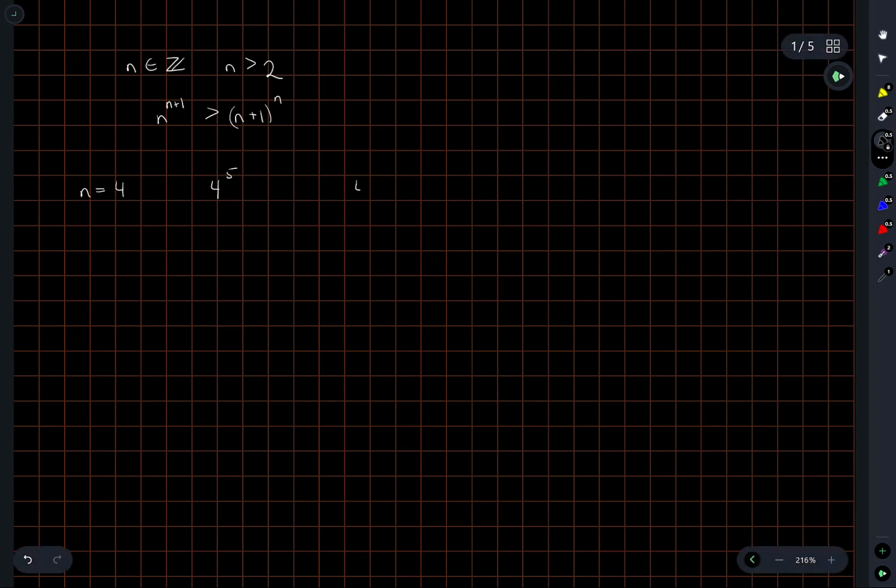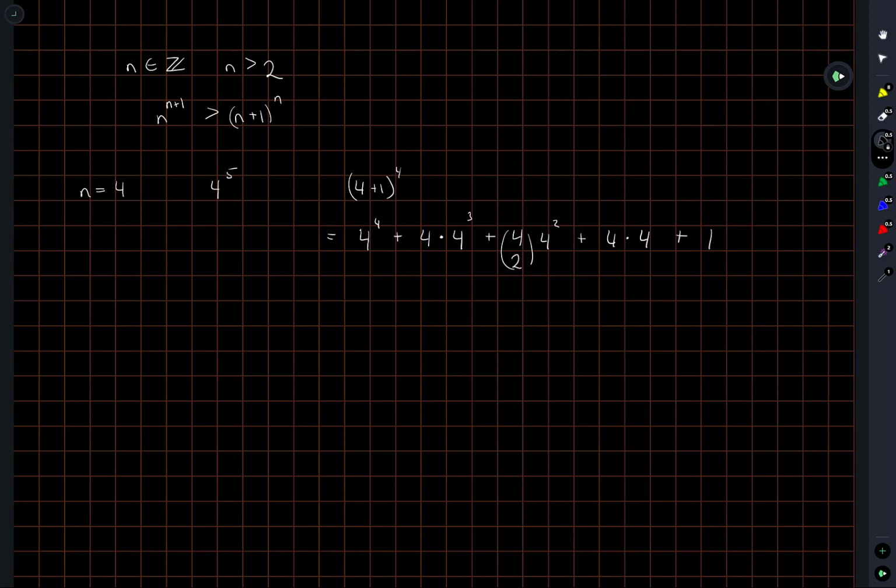And on the right, I'm going to write this as 4 plus 1 to the power of 4, which is 4 to the 4 plus 4 times 4 cubed plus 4 choose 2 times 4 squared plus 4 times 4 plus 1.